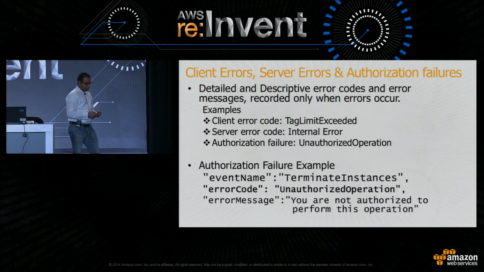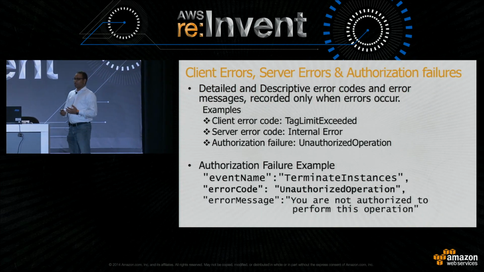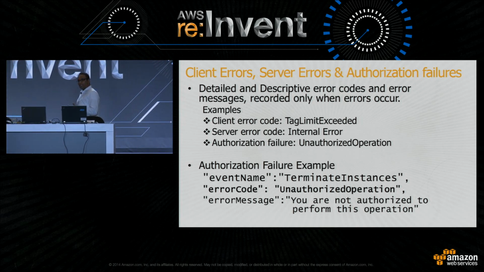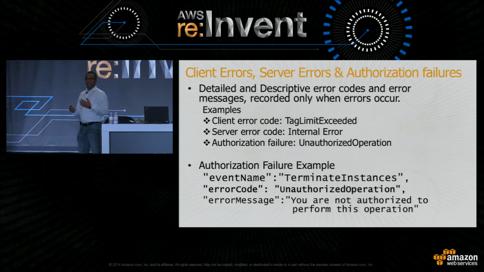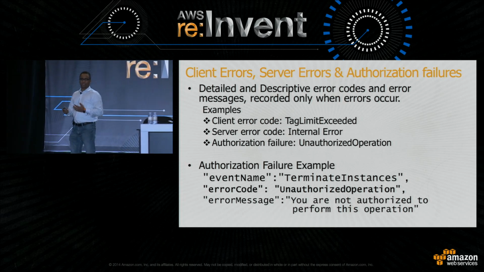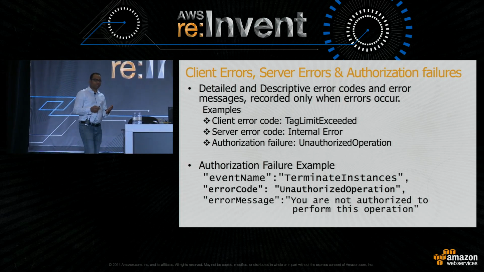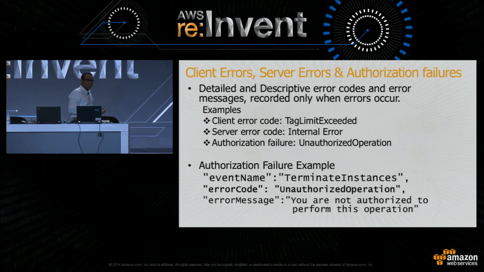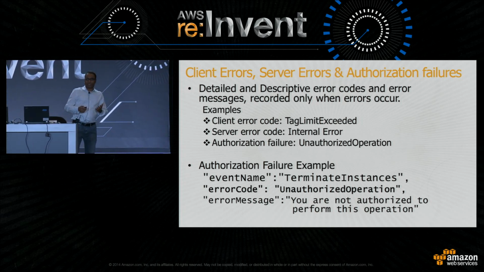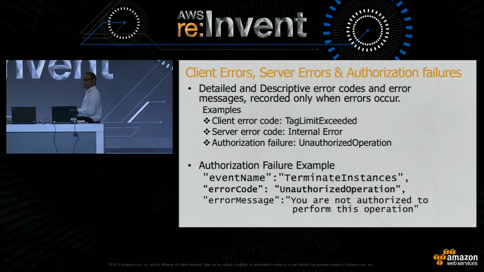This is an interesting one. A lot of customers, security-conscious customers, want to understand what API activity is actually failing in my account due to lack of permissions. Is Tom doing something that he's not supposed to do? Who executed a terminate instances API call but did not actually have the permission to do so?